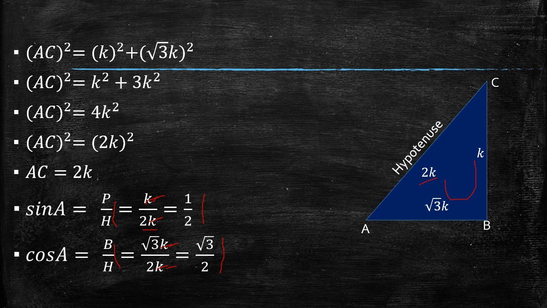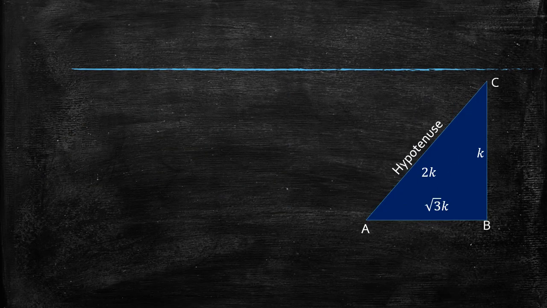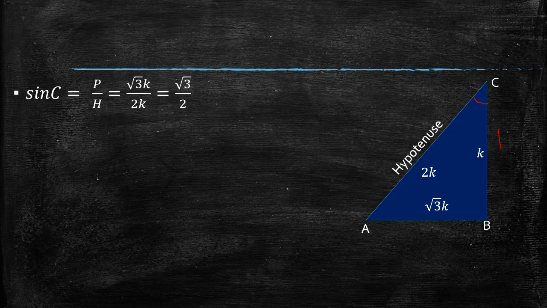Okay students. So we get sin A, cos A. Now we want sin C, cos C. To do that we have to change our base angle. So now for sin C our base angle will change to C. When base angle changes, the base and perpendicular also change. This will become base and this will become perpendicular, right?